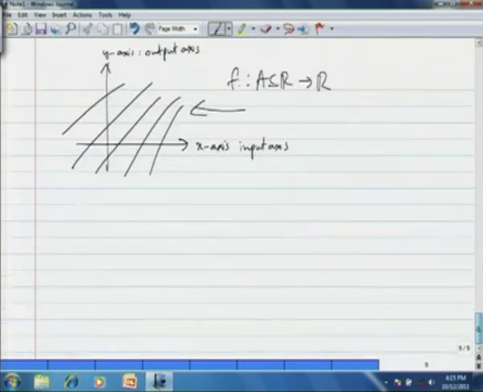But in the case of functions from some subset of the complex plane to the complex plane, we need two dimensions, essentially the plane, to picturize the domain, and two more dimensions to picturize the range. So, all in all, we need 4 dimensions to picturize this graph in one piece.